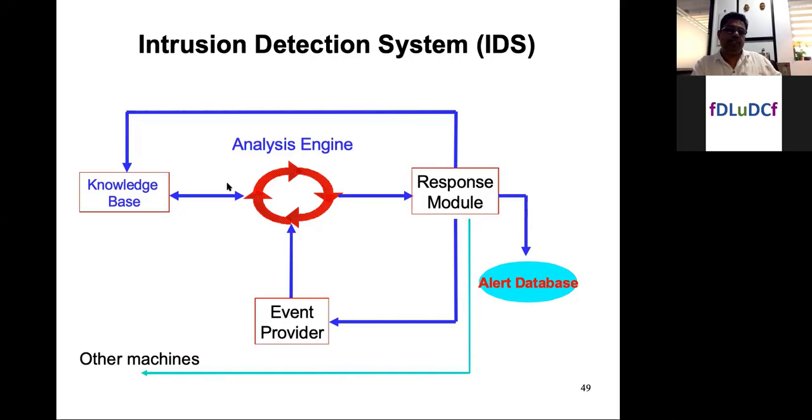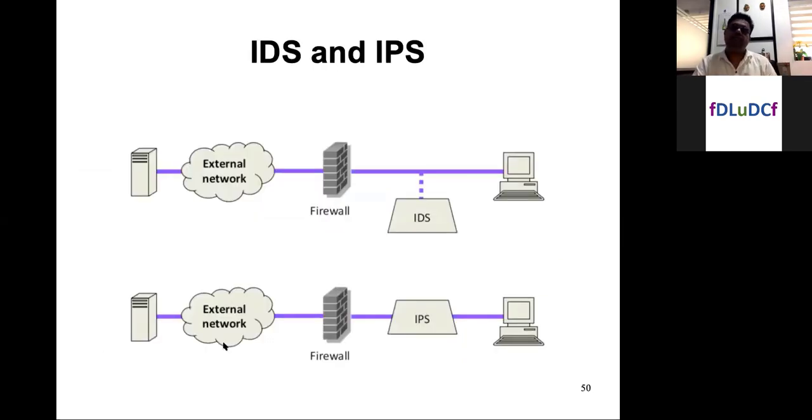Based on this knowledge and the events created, they create responses or alerts and put them into the database or send them to the system admins. And obviously, these response modules may talk to other machines to take a collective decision sometimes in modern IDS. Right. Then what is the difference between IDS and IPS?